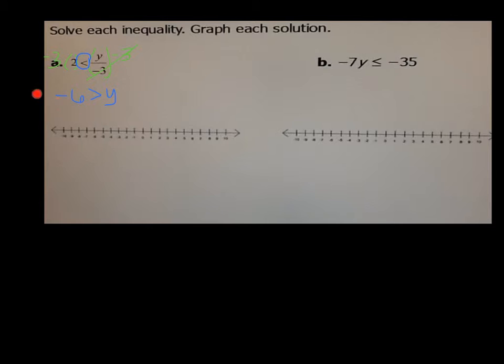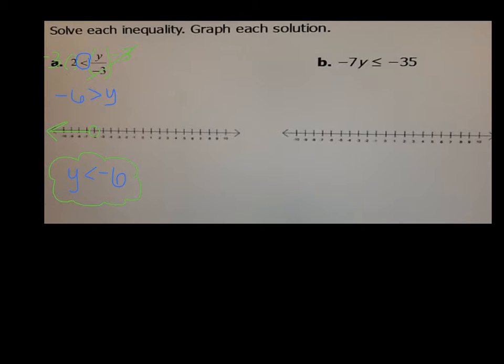Now for this particular problem, we are having to rewrite again. So y is actually less than negative 6. So that's our actual answer here. So to graph that, I would go to negative 6 on the number line, and that's going to be an open circle, and the numbers less than that are to the left.